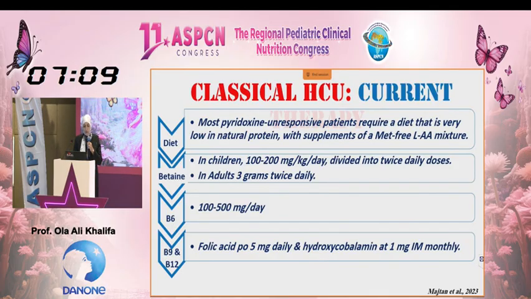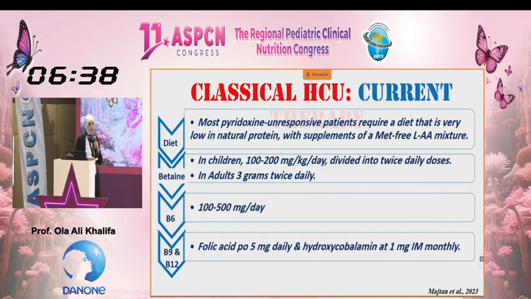The current therapy for patients with classical homocystinuria is diet. Most pyridoxine unresponsive patients require a diet that is very low in natural protein, but with supplementation of methionine-free L-amino acid mixture. And betaine, which is a methyl donor, is used for those patients to attain good metabolic control, that is to say, an acceptable level of total homocysteine.